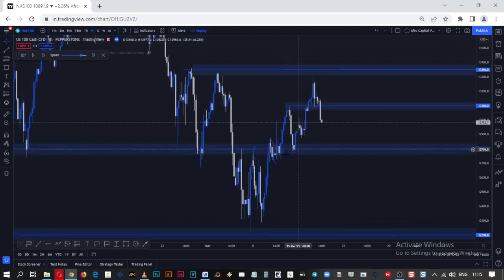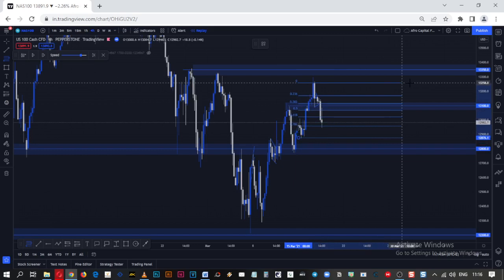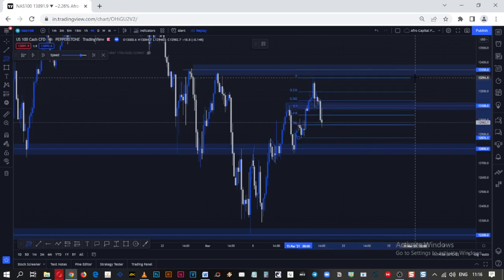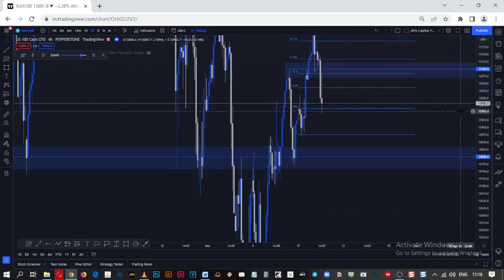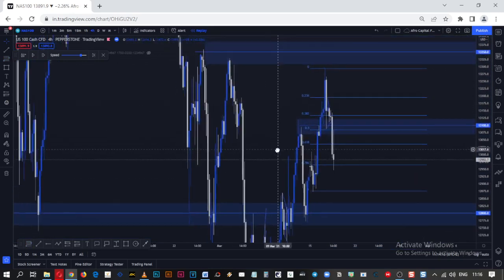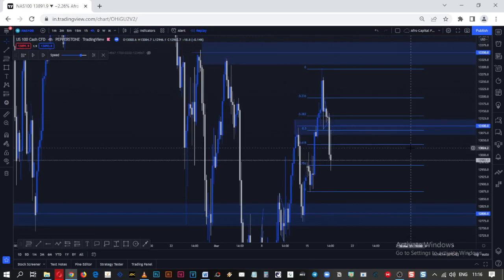It's your high, your higher low, your higher high, your higher low. You can pull up your fib. Your fib can also act as your confluence as well.